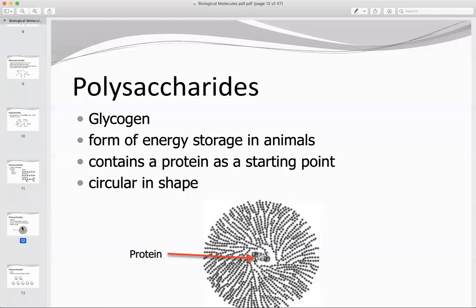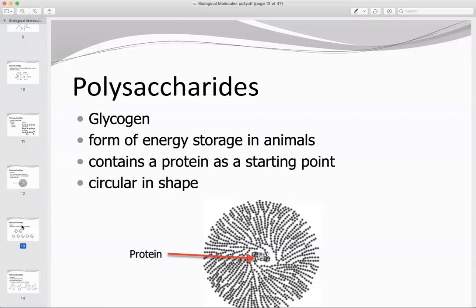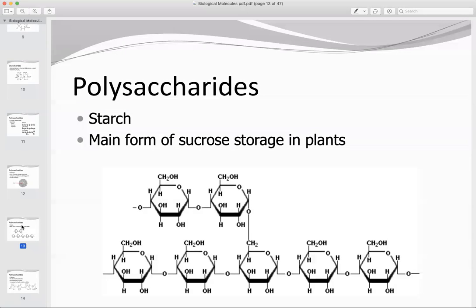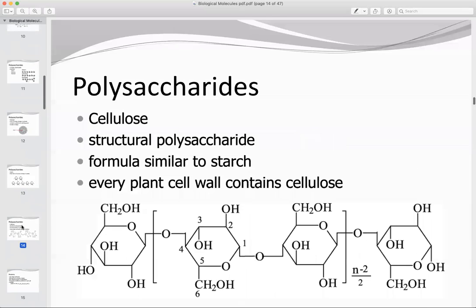So I mentioned earlier that glycogen is a storage form of energy in animals. Okay, we're clear that this is in contrast to the cellulose that I mentioned earlier. We don't consume cellulose. This is also a complex carb that's basically a structural polysaccharide that's found in the cell wall of plants.